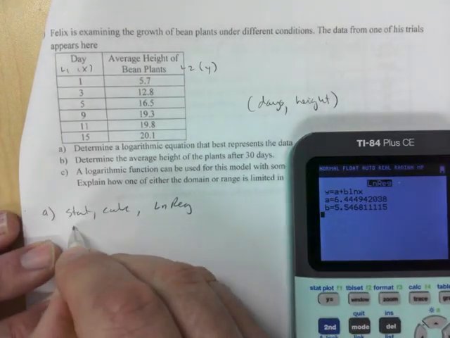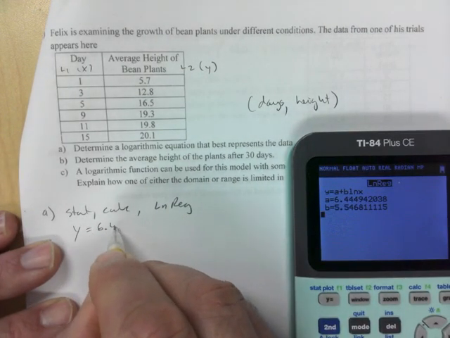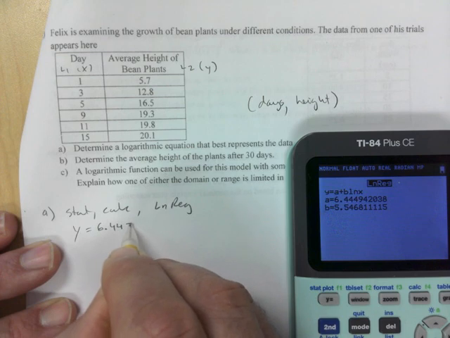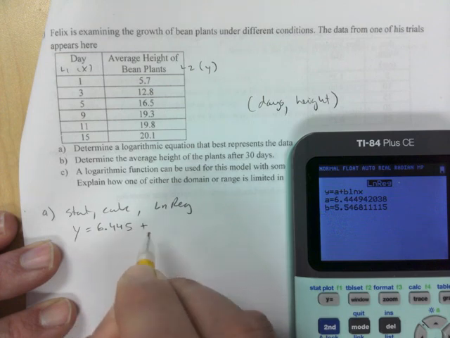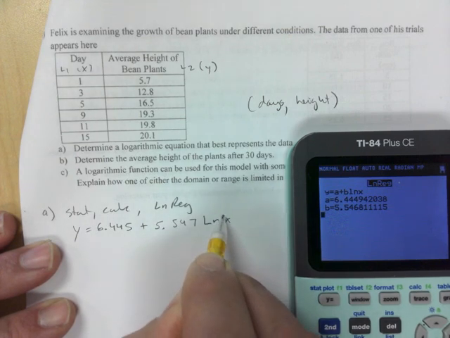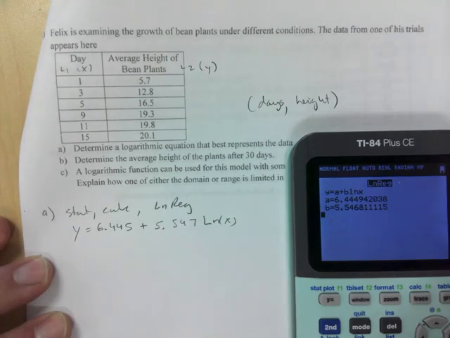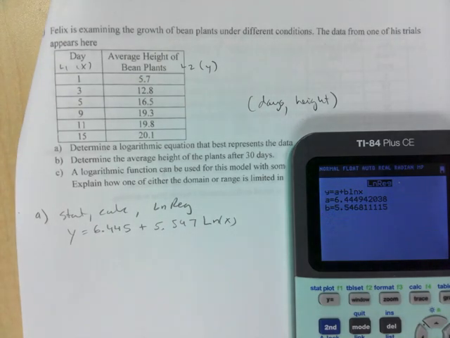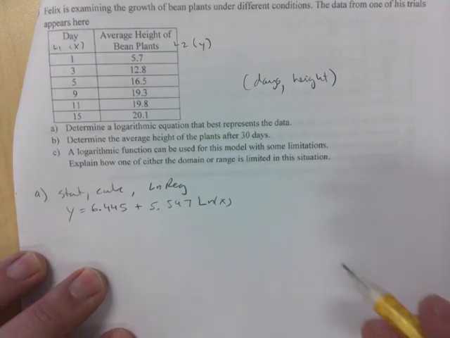There we have it. So there's your equation, 6.445 plus 5.547 natural log of x. There's my equation. Perfect. And always remember to predict what this graph is going to look like.